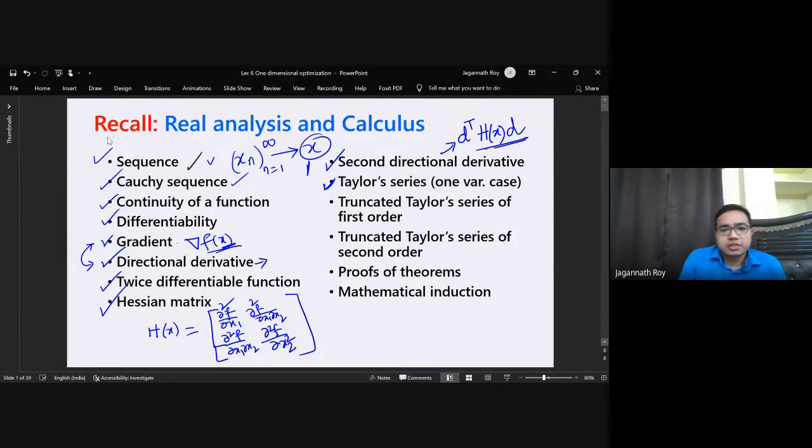Directional derivative was the dot product of the gradient vector and a particular given vector d. And the Taylor series expansion and truncated Taylor series are basically applied for approximations. If we want to approximate a function, then we will take the help of the Taylor series.